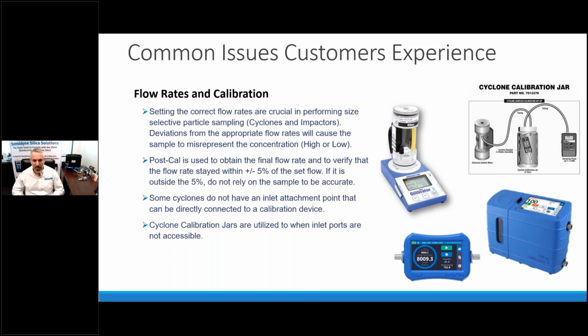Note that some cyclones do not have an inlet attachment point, so you might need an accessory such as a calibration jar, or sometimes other accessories that go over the inlet point that is not readily attachable by tubing. If you purchase a cyclone that does not have that, make sure you understand what accessories might be required for use with that particular cyclone.